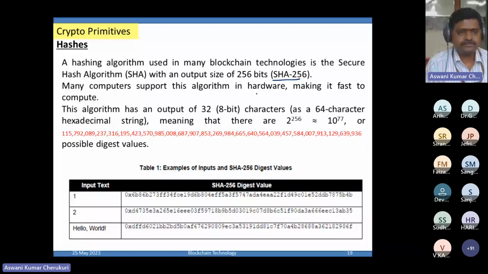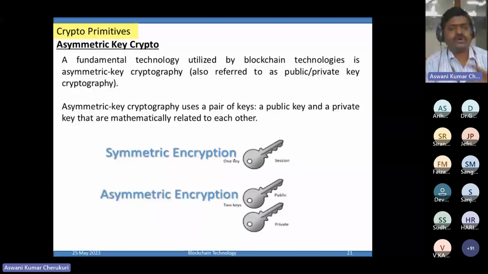Whatever the output of any hash algorithm, we also call that a digest, because it takes a variable length input and creates a fixed, small length output, and hence we call the output of a hash algorithm a digest also. I don't deal with the details of hash functions. So we understood hash is a one-way function, number one. Number two, it takes variable length input and produces a fixed length output. The output that it produces is called a digest.